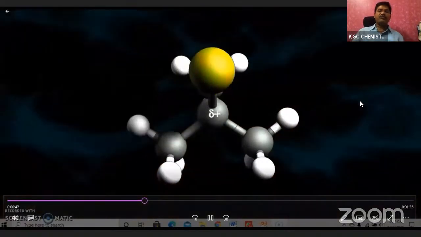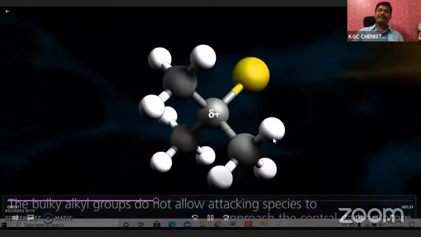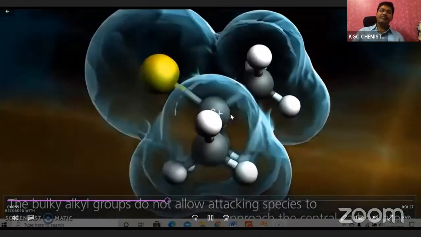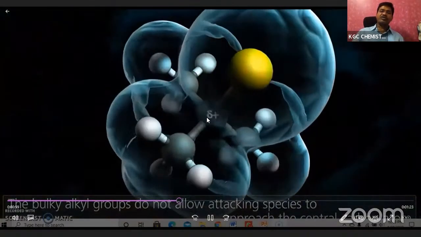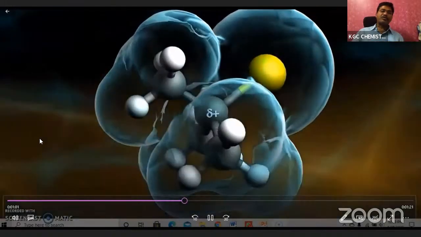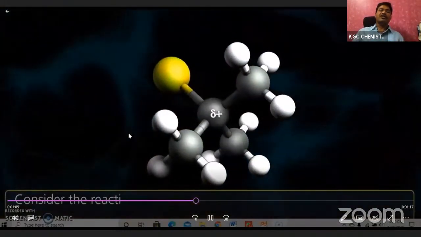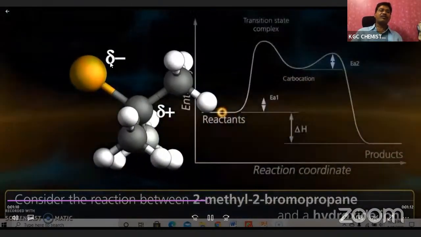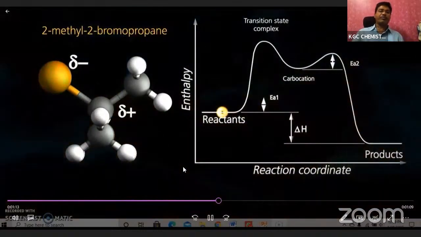Now, the nucleophile. See, I told you already, this is a two-step reaction. In the first step, the bromine will be lost. Because of this bulky nature around this carbon, the nucleophile has little opportunity to approach from this side. Then before the nucleophile enters, first of all the bromide ion will be lost. 2-methyl-2-bromopropane.